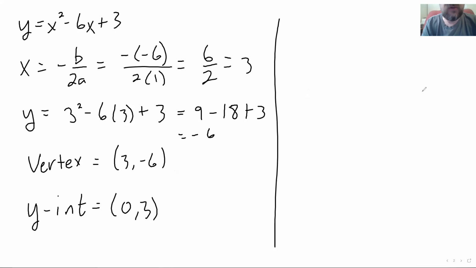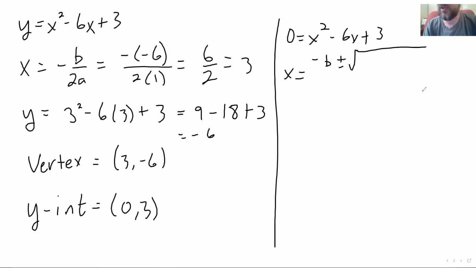So I'm going to set y to 0 to find the x-intercepts, and we get 0 equals x squared minus 6x plus 3. And I know that x is minus b plus or minus the square root of b squared minus 4ac, all over 2a. We'll just jam the numbers in.